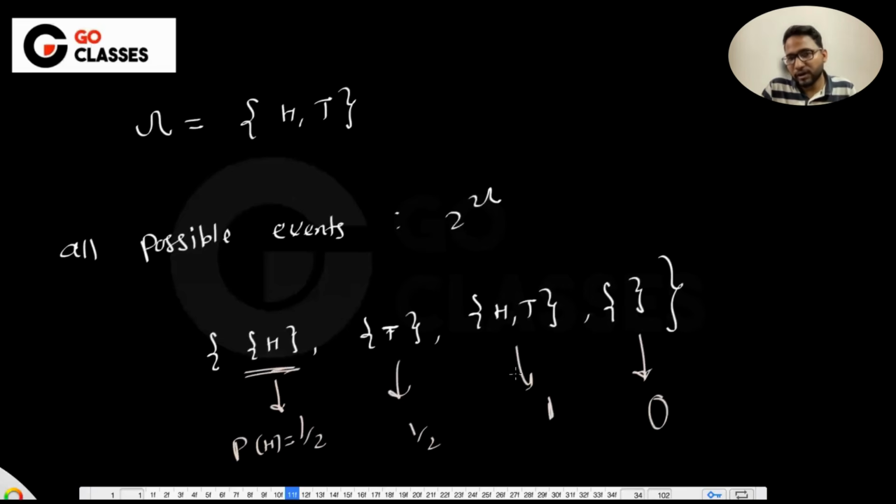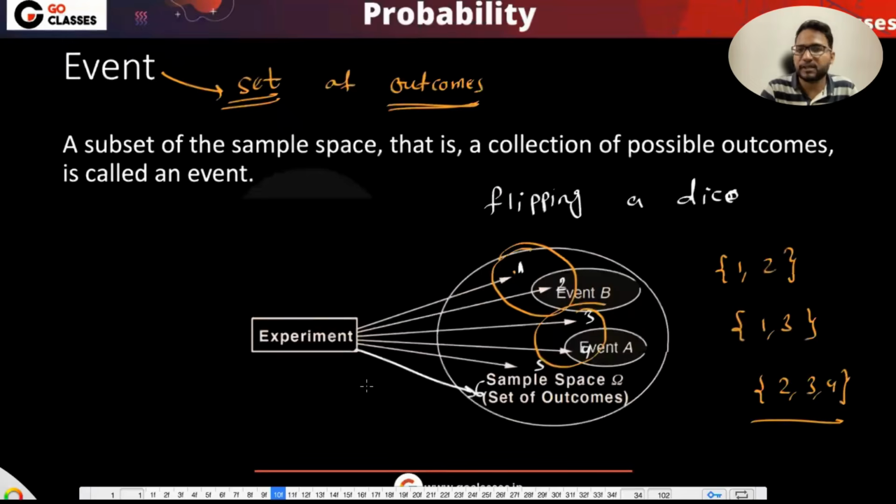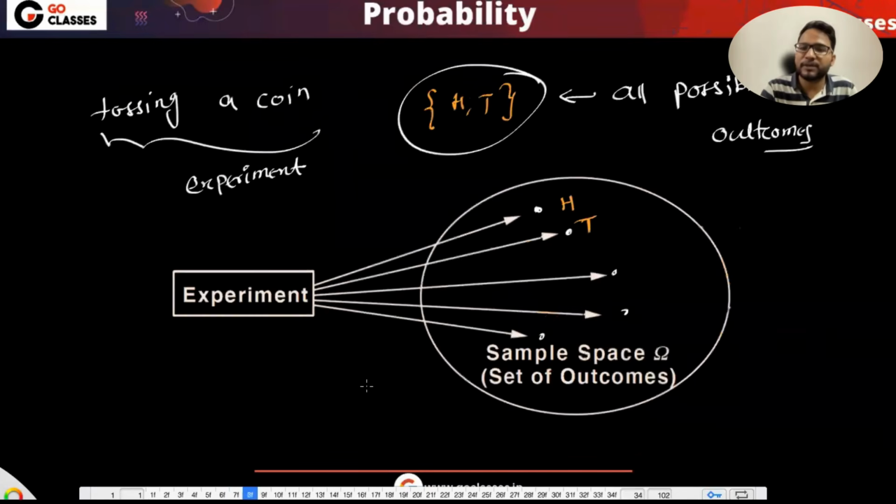So these are all possible events. An event is a subset of the sample space, which means if 2 power omega subsets are possible, then everything could be an event. This is an event, this is an event, this is an event. I will define the probability also, but for now we are defining the sample space and the event. So what is the sample space?